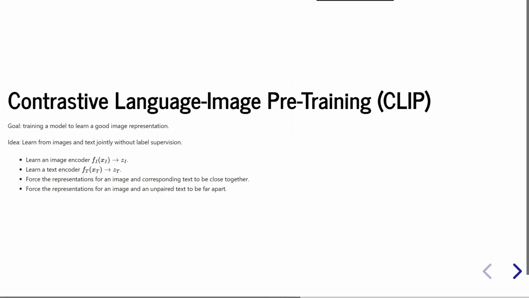Let's go now into the main approaches. Let's first look at the Contrastive Language-Image Pre-training model, which is also called CLIP for short. This was a very famous and widely used model that was proposed by OpenAI, I think in 2021, probably, if not before.